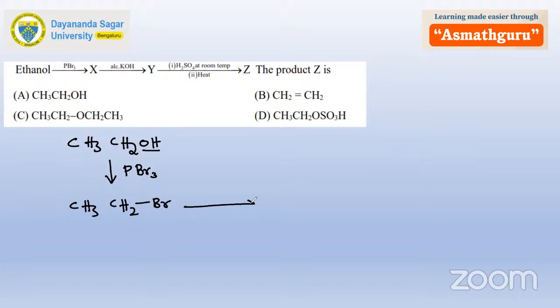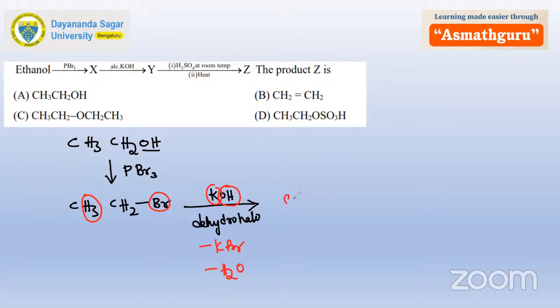This undergoes reaction with alcoholic KOH. What is this reaction called? I already told you, dehydrohalogenation means you are removing halogen as well as hydrogen. How do you remove it? K removes Br and it becomes KBr. The OH removes a hydrogen from the next carbon atom, so it becomes water.